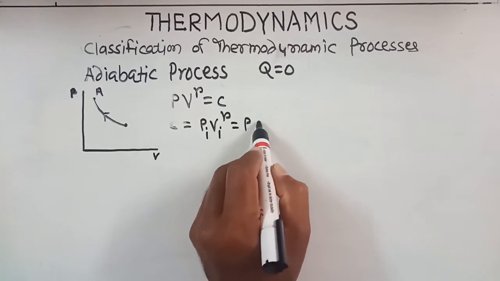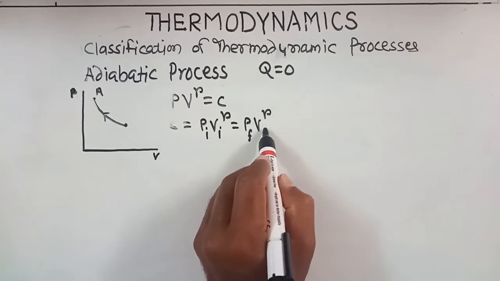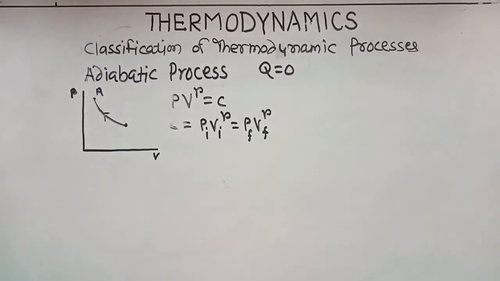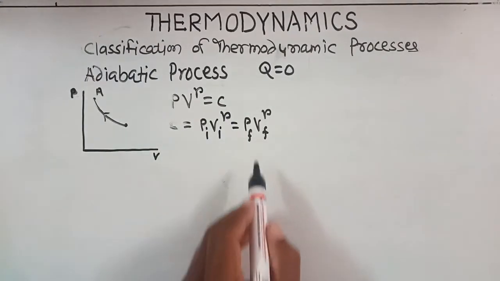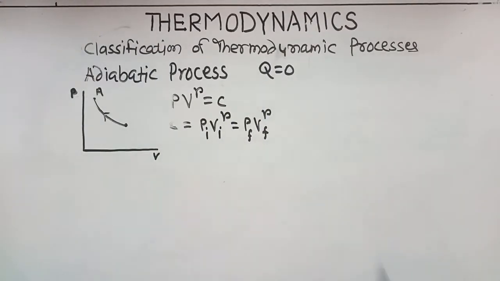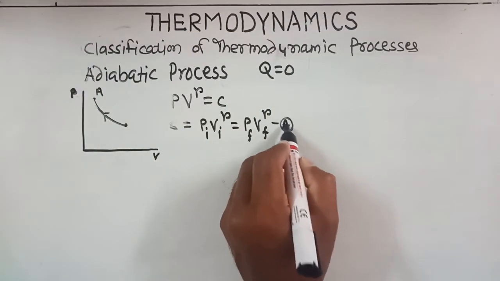This should be equal to P into V raised to gamma if the final pressure is Pf and the final volume is Vf. Then Pi into Vi raised to gamma is equal to Pf into Vf raised to gamma. This is our equation A.